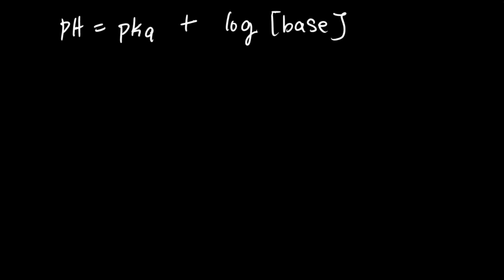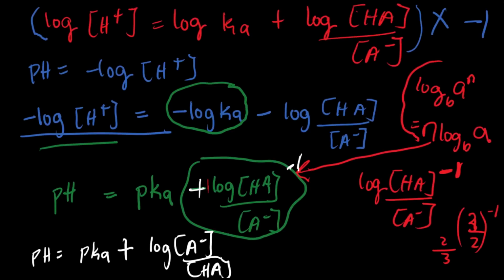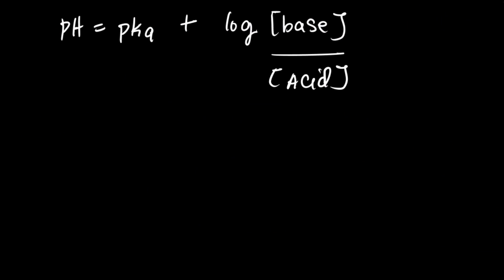So we can rewrite this as the pH is equal to the pKa plus the logarithm of the concentration of the base divided by the concentration of the acid. That's because from here we have this to be the conjugate base, and we have this to be the acid. Now this is the Henderson-Hasselbalch equation.